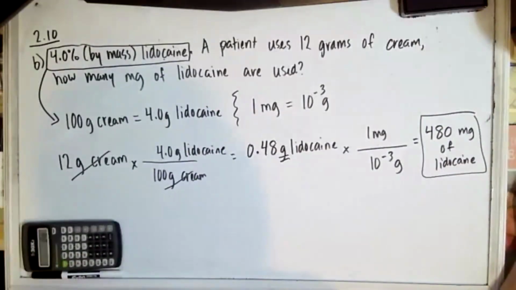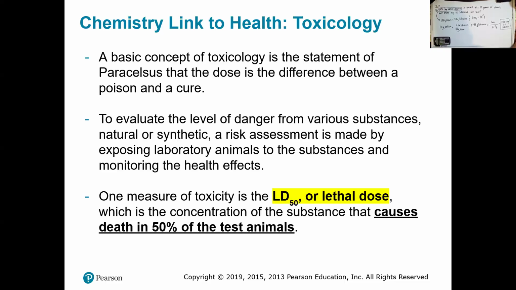All right, let's look at the LD50 next. The last thing that we have to look at before we transition into the density section is a link specifically to toxicology and lab work that you'd look at. And one way to measure toxicity is by the lethal dose, okay? The LD50 value.